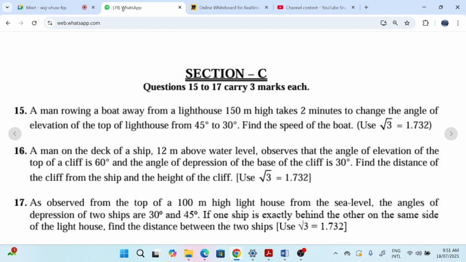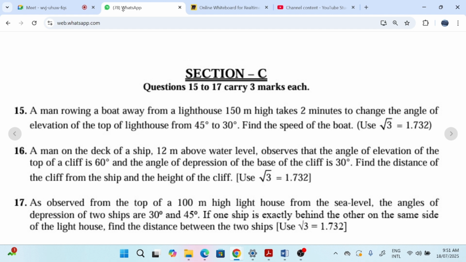Start doing it. Everybody do the 17th question quickly. Please finish it fast and send me the working.